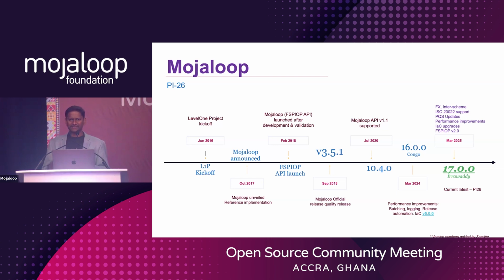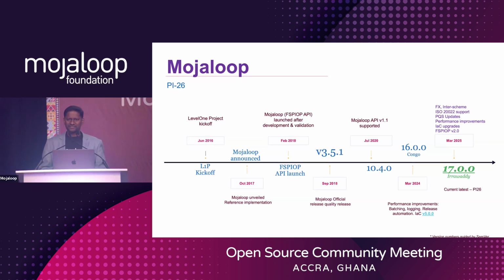I'm not listing out the maintenance changes because they're not that interesting, but version 16 had a major focus on performance. And this included things like batching, release automation, logging. And after that, you can now see where we are, with March 2025 on version 17 of Mojaloop.